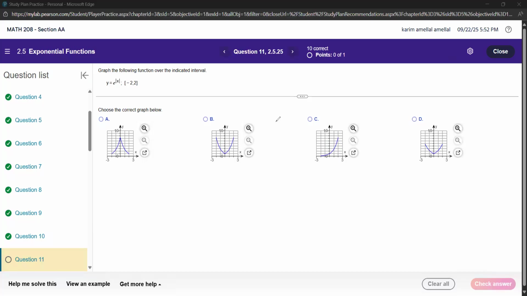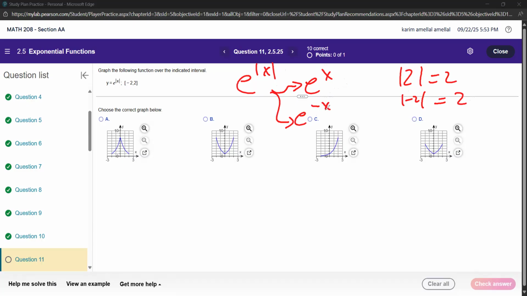Okay, so we have here e to the absolute x. The absolute value is a function that measures the difference between the number and 0, the distance, just the distance. So absolute 2 is 2, absolute negative 2 is also 2. So here we have e to the absolute x. That means we have a piecewise function that looks like this: e power x and e power negative x.